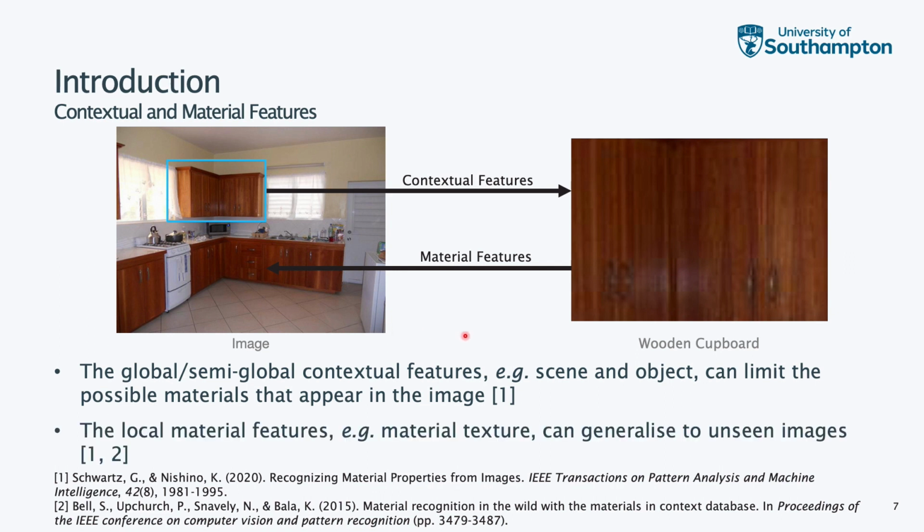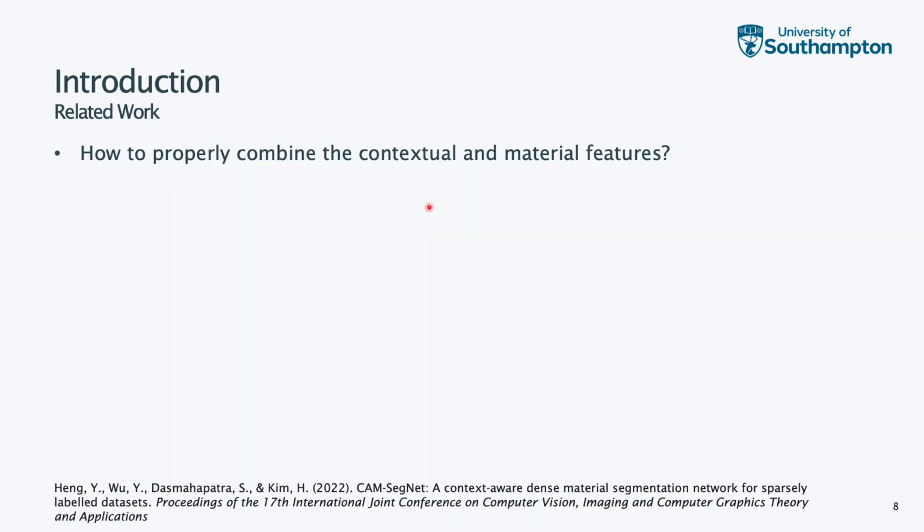Now, the local material features hidden in the image patches, like material texture, can generalize the network to unseen images. Now, the question is how to properly combine the contextual and material features.